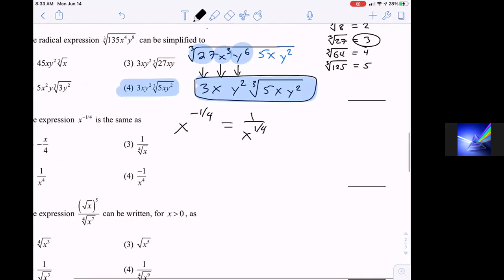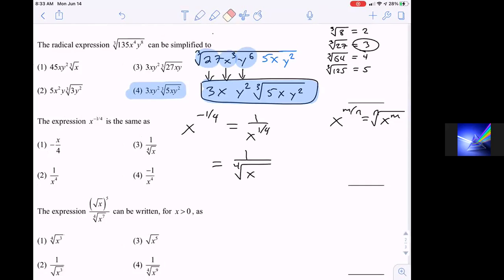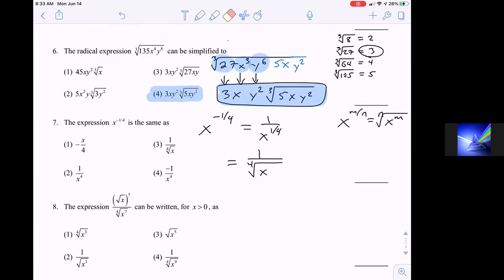Then if we recall, x to the m over n is equal to the nth root of x to the m power. So we could rewrite this as 1 over the 4th root of x to the 1st power, which I don't need to write the first power. It's just 1 over the 4th root of x, which would be number 3.